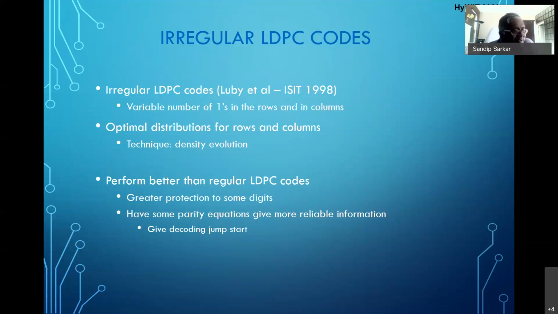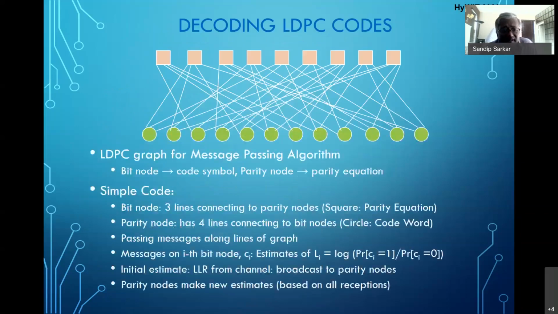Roughly, there is no preference: all of these bits initially start with the same level of confidence. Here, certain bits start with a different level of confidence. And so in a successive interference cancellation procedure, these bits are more reliable and hence they jumpstart the decoding procedure.